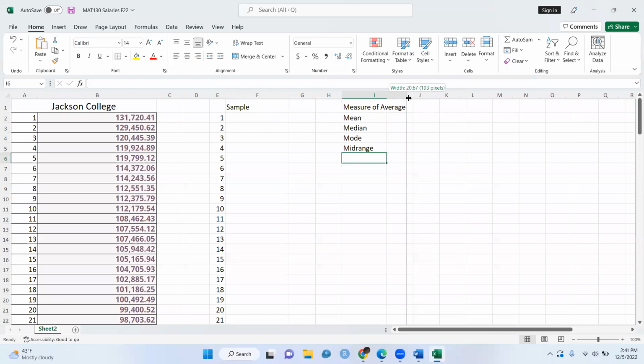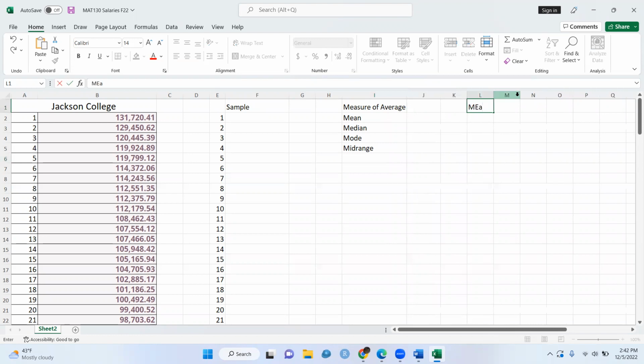And then we'll get those listed here. And then next to that is measures of variation or spread. And those are standard deviation, range, and coefficient of variation.